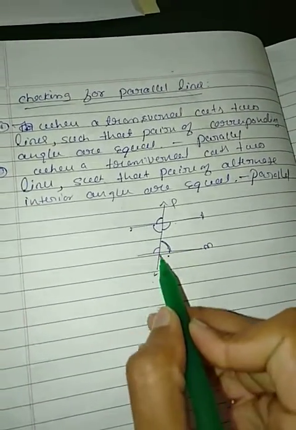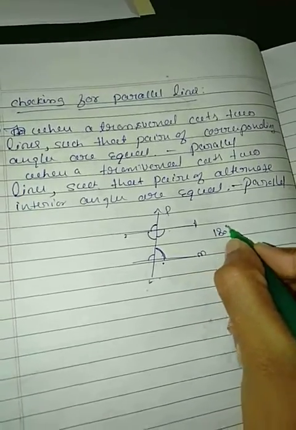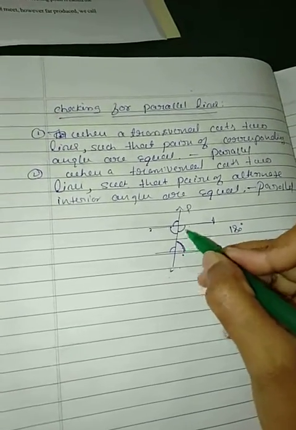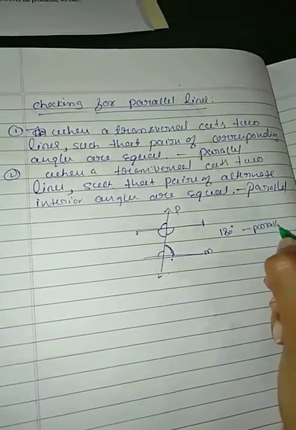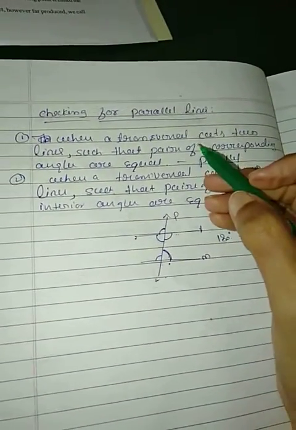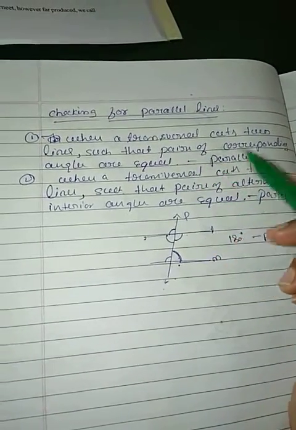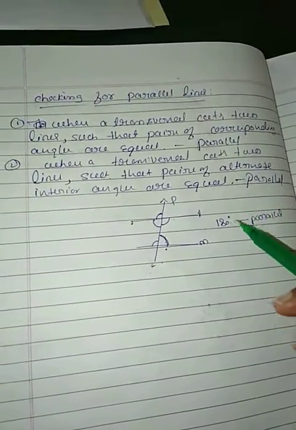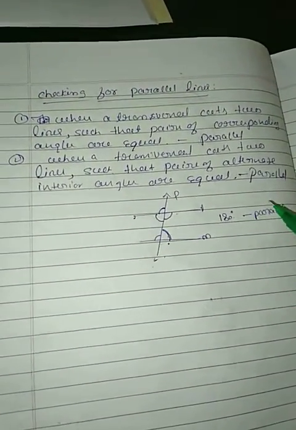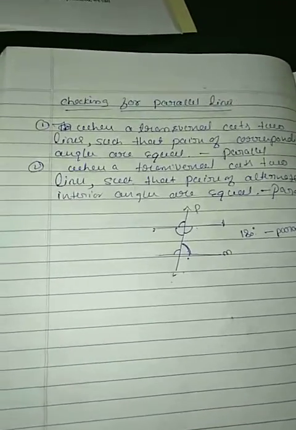Supplementary means 180 degrees. If the sum of these two angles is 180, then we can say that both the lines are parallel. So one is pairs of corresponding angles are equal. Another is alternate interior angles are equal. Another is pairs of interior angles on the same side of the transversal are supplementary. Then we can say that both the lines are parallel.